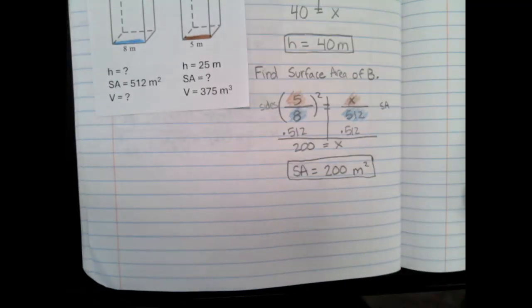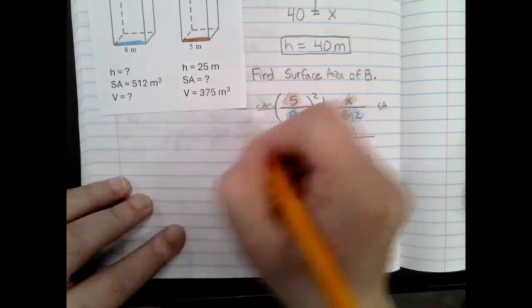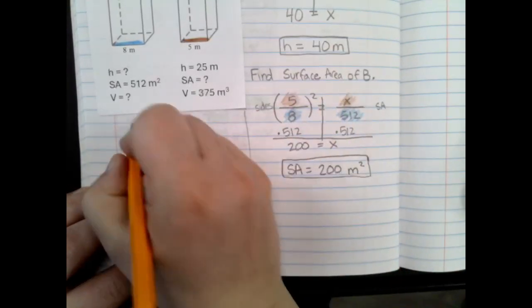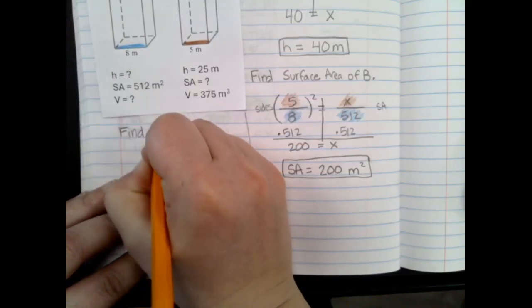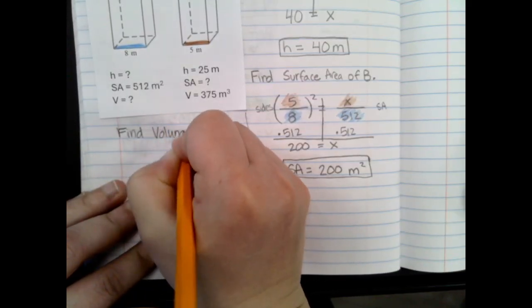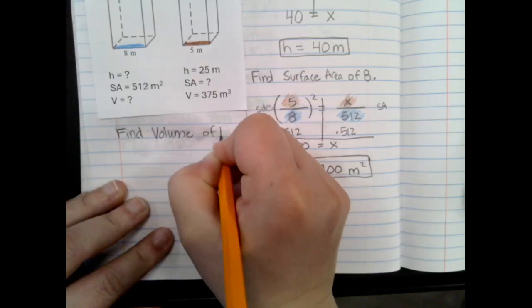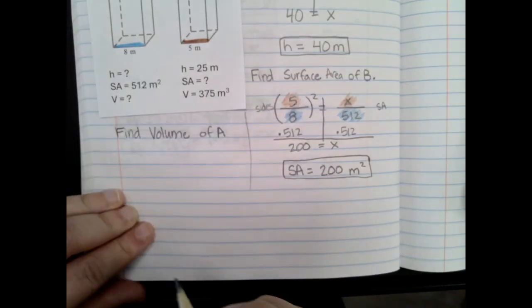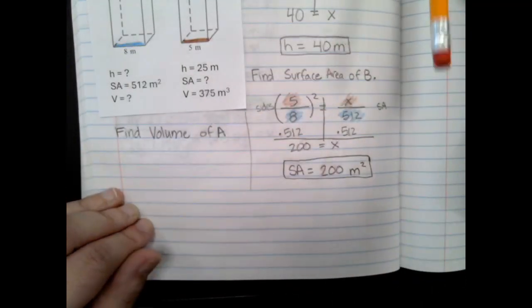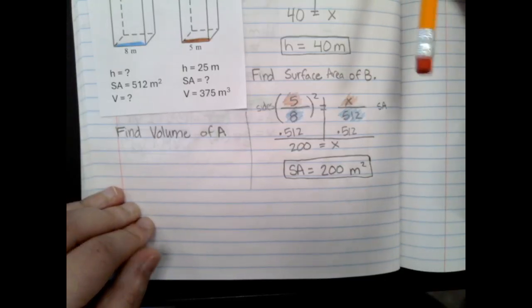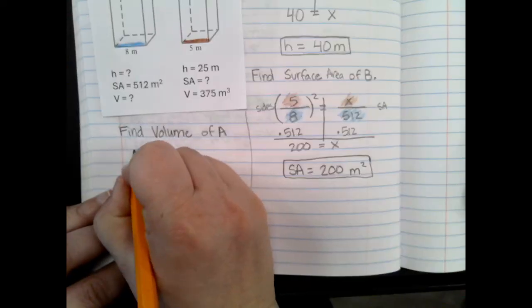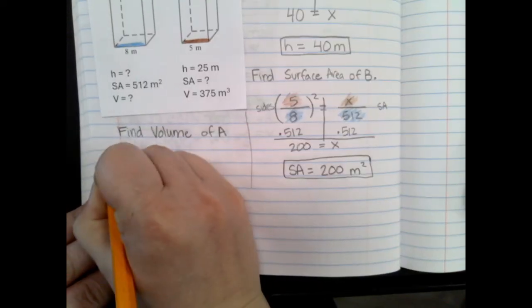All right, we have one more. Last thing we're going to do is find the volume of A. So when we set up our ratios, this time we're going to compare our sides to the volumes.